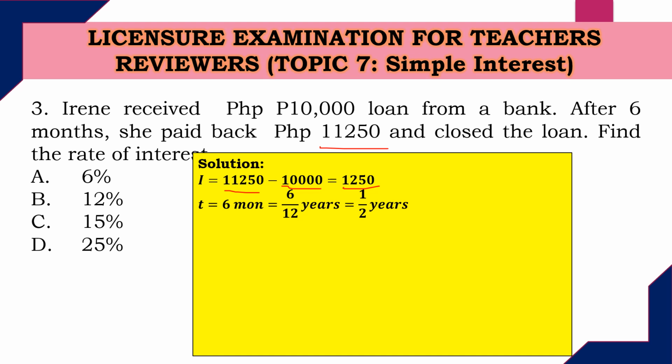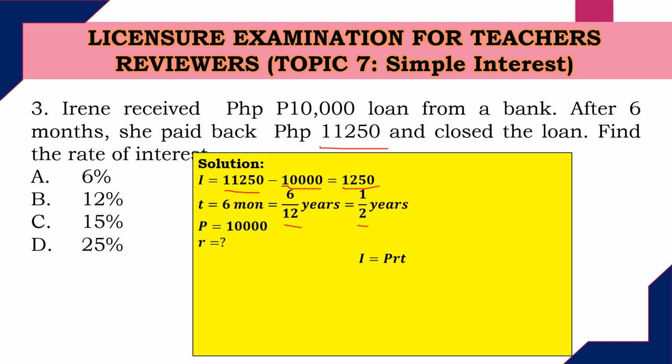Next, we have the time which is in months. So that is 6 months. So we have to convert 6 months into years. So divide 6 months by 12 months, that is 6/12 or 1/2 year. And then the principal is 10,000. Now, what we are looking for is the rate.